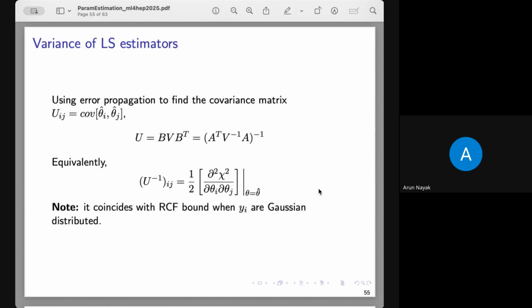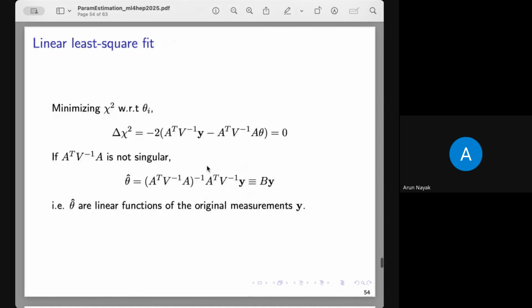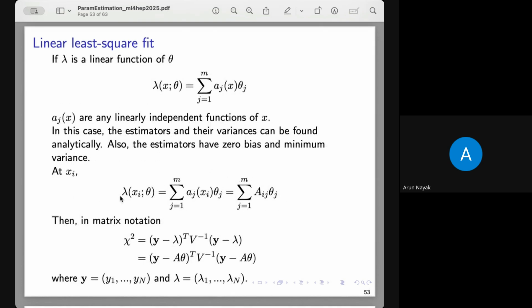So suppose Uij are the covariance terms for the theta i, theta j, then you can write Uij as B transpose, which if you do simple algebra, you will get of this form. Equivalently you can write this in this form, which you can get from here if you simply take the derivative with respect to theta.